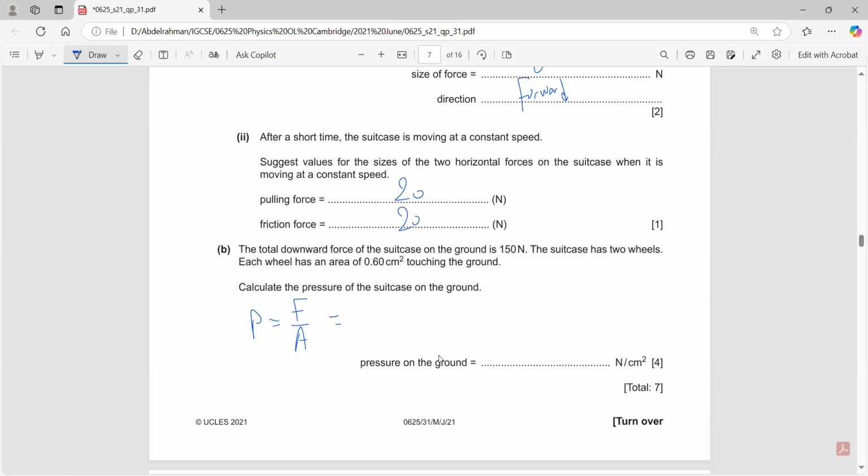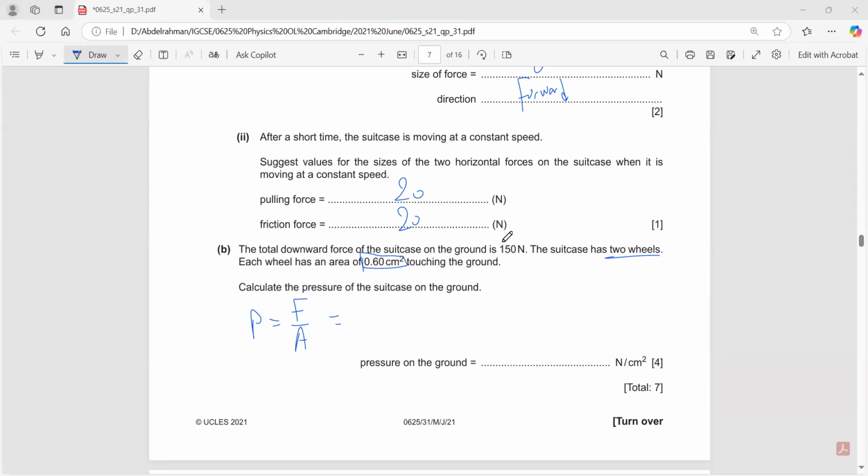150 over 0.6. I don't think it's right. Why would it be wrong? Because the suitcase has how many wheels? It has two wheels. And he said that each wheel has an area of 0.6 centimeters.